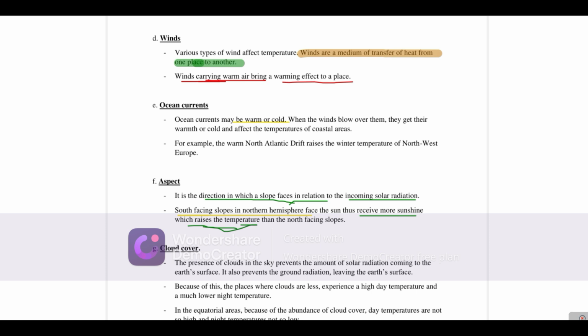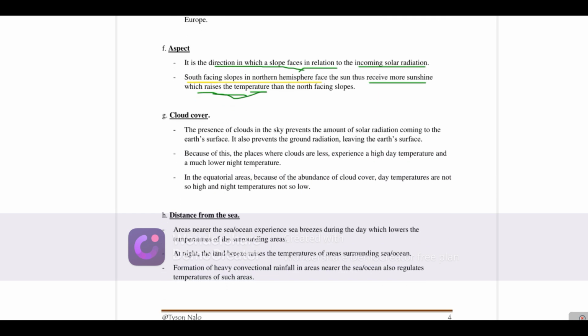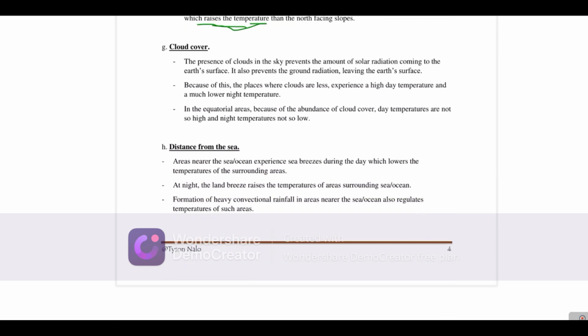Let's now move to cloud cover. Yeah, this is the point. For cloud cover, the presence of clouds in the sky reduces the amount of solar radiation reaching the Earth's surface.